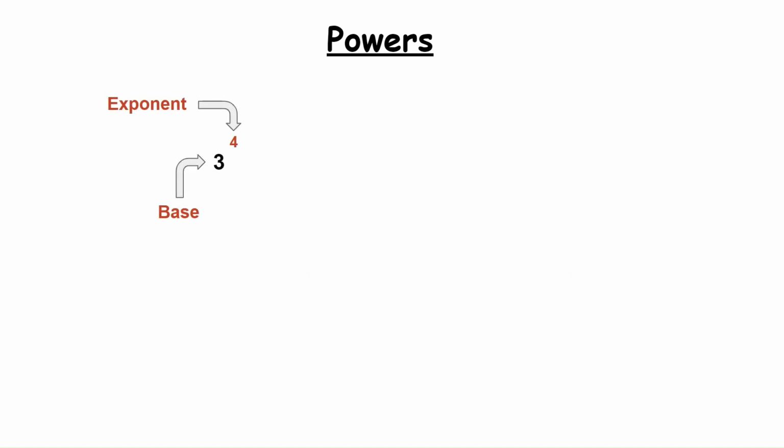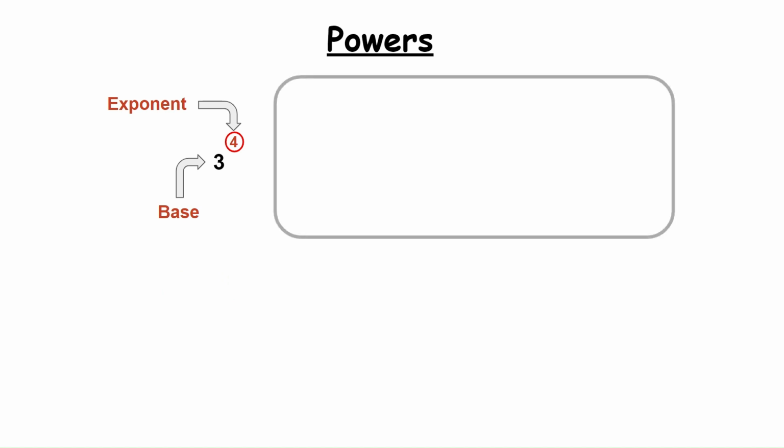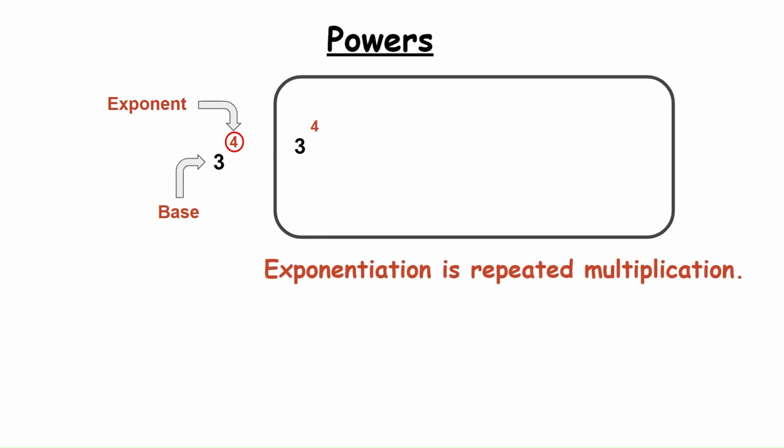So let's go back to our base 3 and exponent 4 and ask the question again. What is the exponent 4 asking us to do? Well, just as multiplication is repeated addition, exponentiation is repeated multiplication.